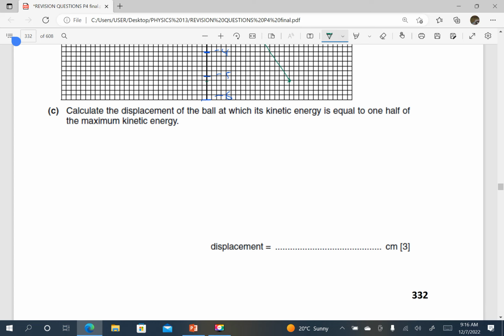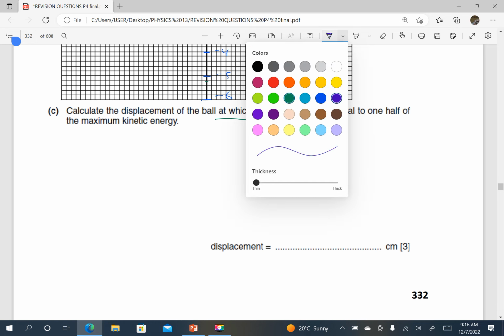Calculate the displacement of the ball at which its kinetic energy is equal to half of the maximum kinetic energy. I think that is an easy question. So we want kinetic energy to be half its maximum kinetic energy.